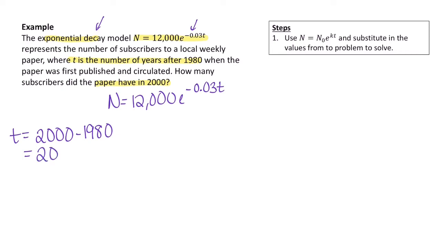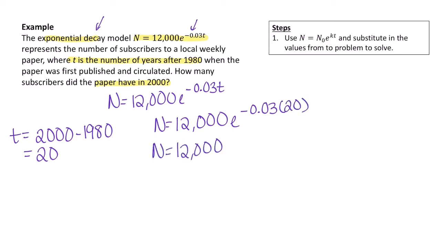So we can plug that in for t. N equals 12,000 e to the negative 0.03 times 20, and negative 0.03 times 20 is negative 0.6.